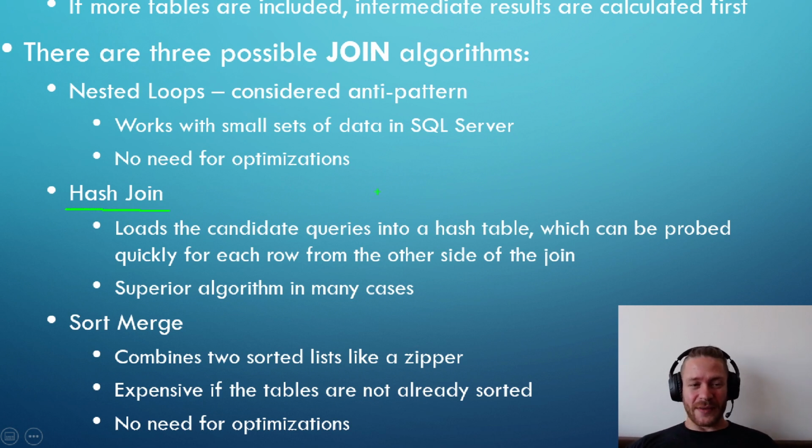And then when the hash table is constructed, the engine just probes the hash table, and we know that hash tables are very fast for finding by keys. So the whole complexity behind this algorithm is actually generating the hash table.